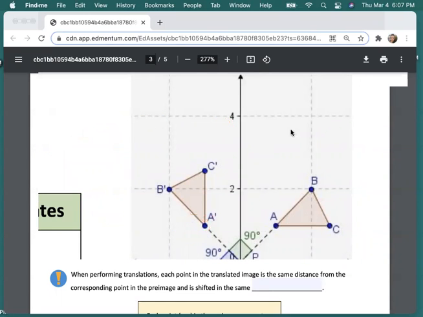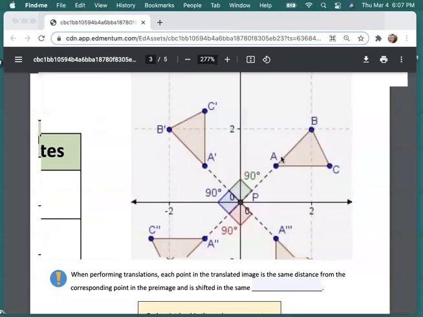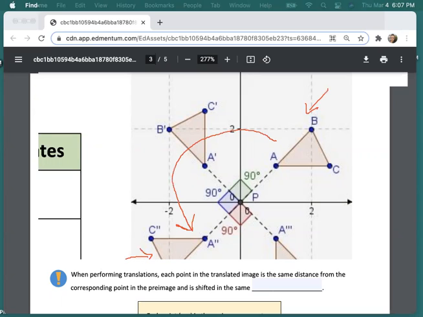If we were to go 180 degrees counterclockwise, 180 is a straight line. And from our original one, this would be 180 degrees around the origin.